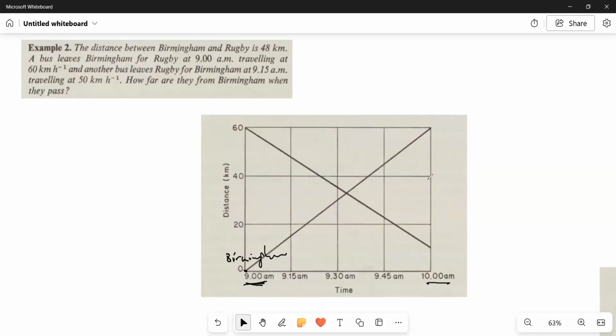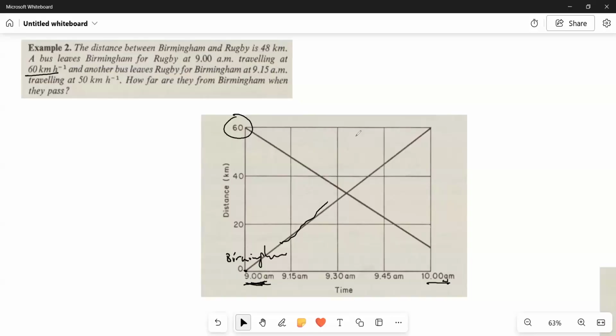Because you might wonder where these people got this graph from. If the bus is traveling at 60 km per hour, then in 1 hour from 9 to 10, it should cover 60 km, right? Good. So this line is definitely that bus from Birmingham to Rugby.